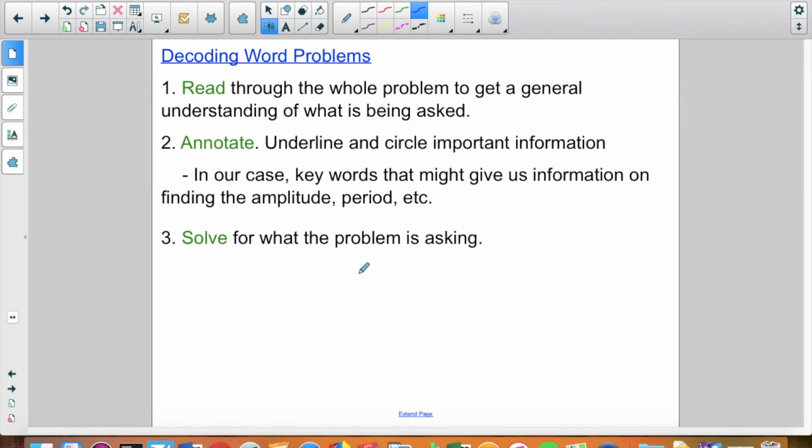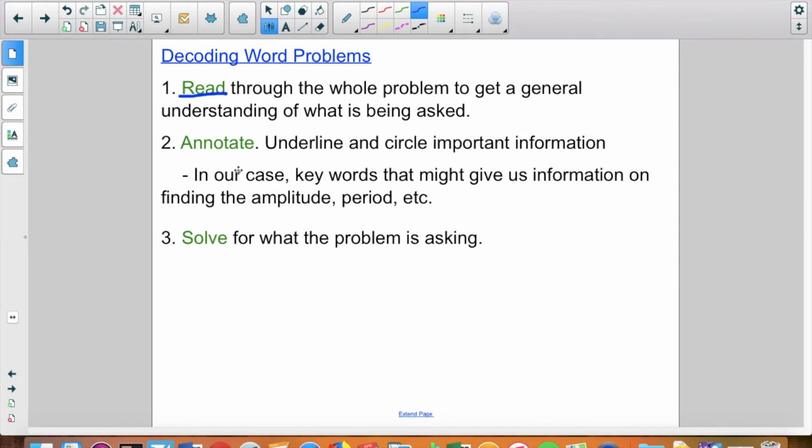Decoding word problems. There's pretty much 3 steps here. These steps are really just how to approach a word problem. First, as ridiculous as this sounds, read the whole problem to get a general understanding of what's being asked.